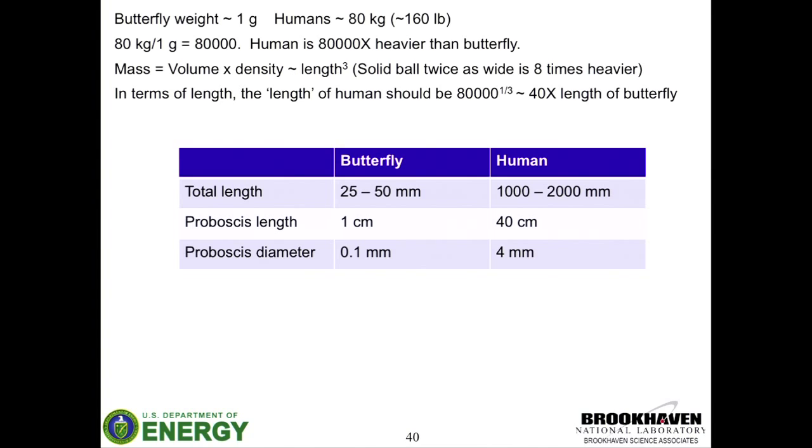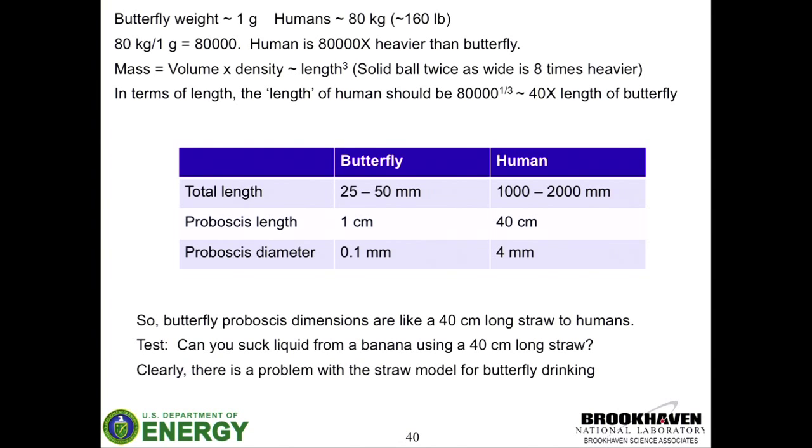So this is about the size of your standard straw. Okay? So in other words, the butterfly's proboscis, in human terms, is just like a straw about 40 centimeters long. All right? So you can ask yourself, can you suck liquid from a banana using a 40 centimeter long straw? Right? So clearly there's a problem with this straw model.